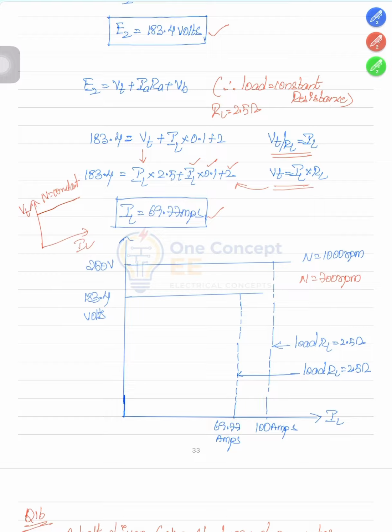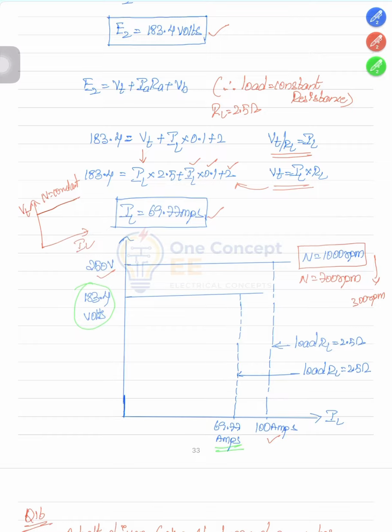If the machine is running at 1000 rpm, it is delivering a current of 100 amps at the generated EMF of 262 volts. If the speed is dropping to 700 rpm, means by a drop of 300 rpm, then the machine delivers a current of 69.77 amps at a generated EMF of 183.4 volts.